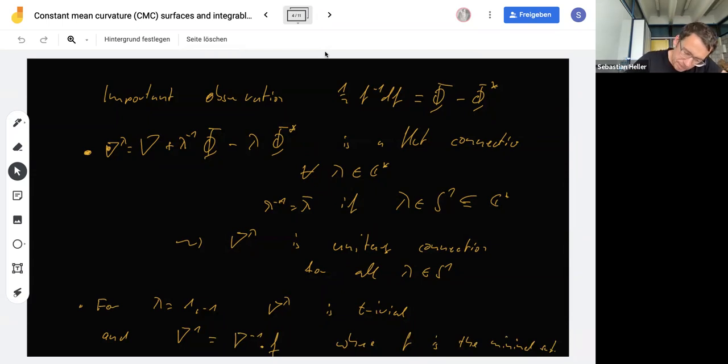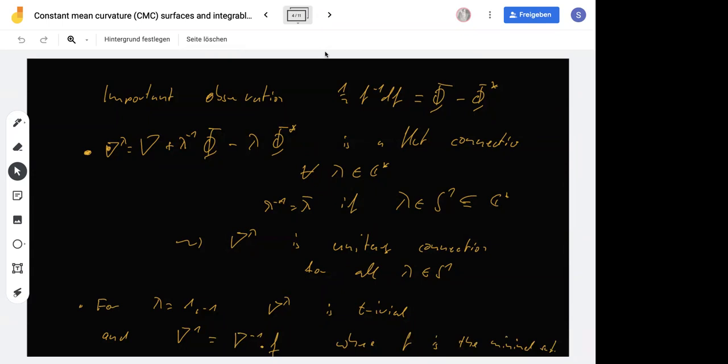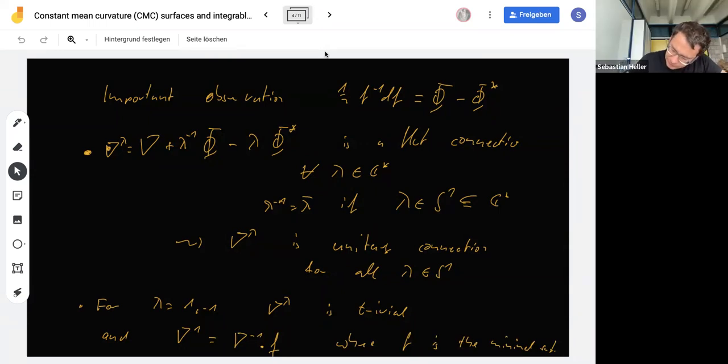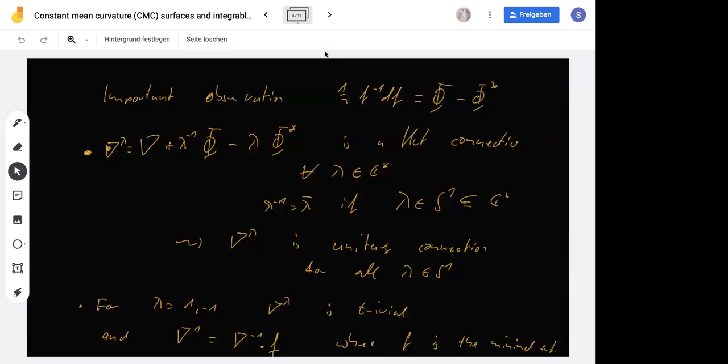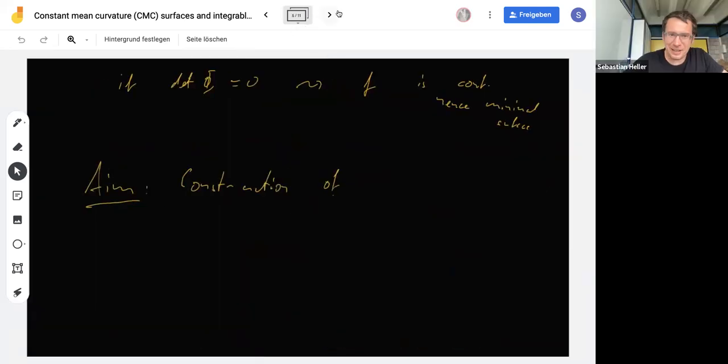So the aim is to construct families of flat connections with these properties, suitable families of flat connections.